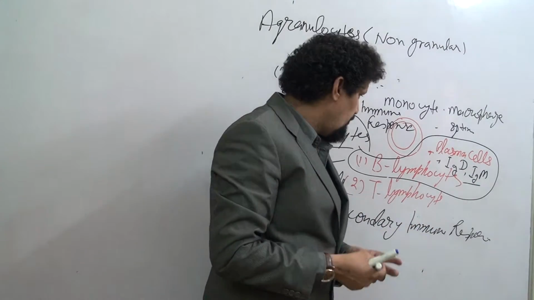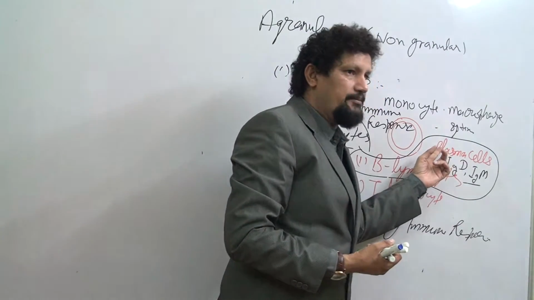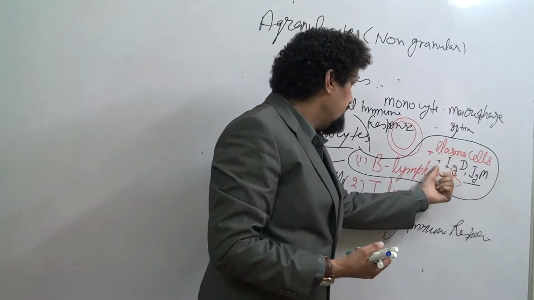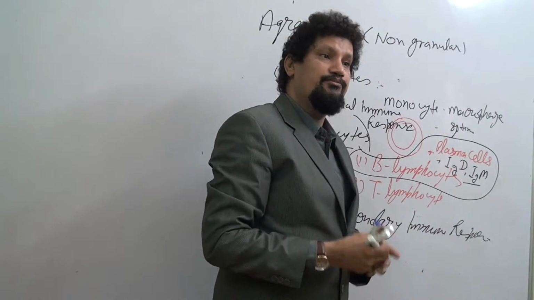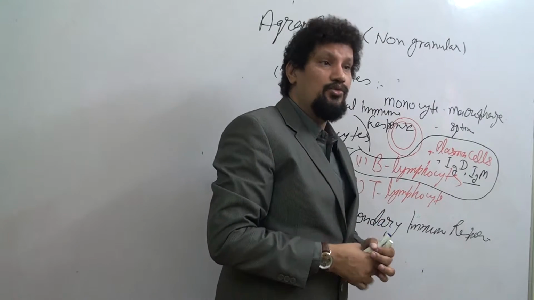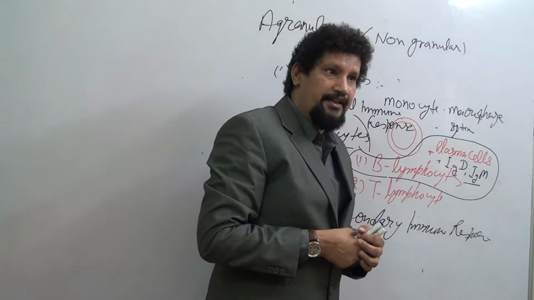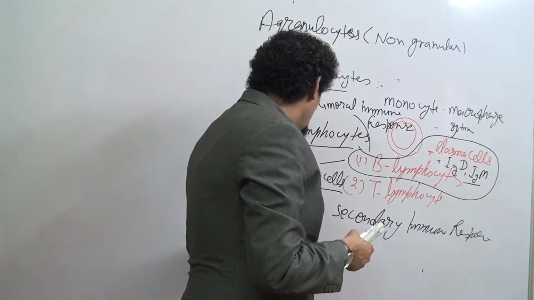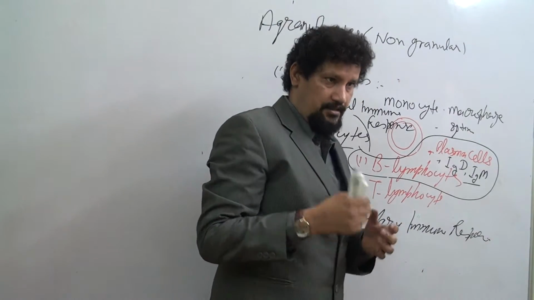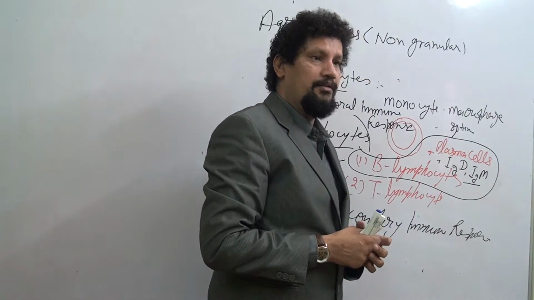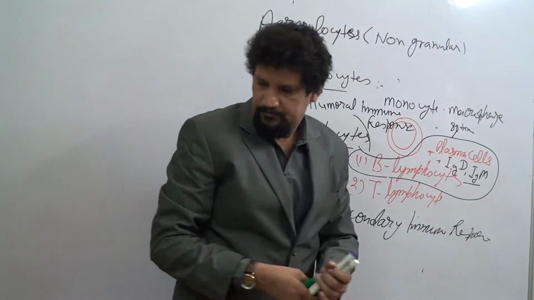These exposed antigens will stimulate the B lymphocytes, which will form the plasma cells, which will secrete the antibodies IgD and IgM, and when the body is exposed to the bacteria or virus of the same antigen, the memory B cells will fire and kill the foreign body or antigen immediately by secondary immune response.